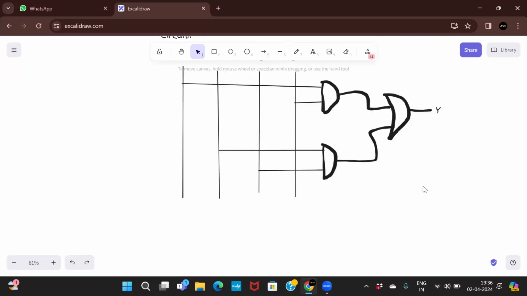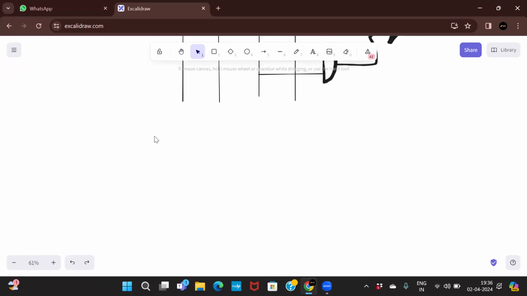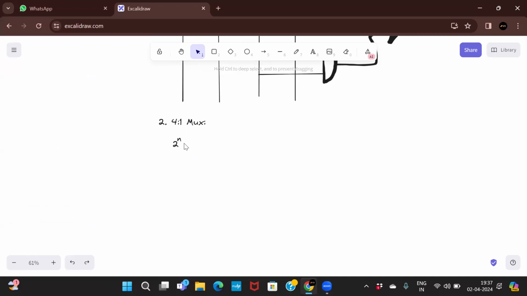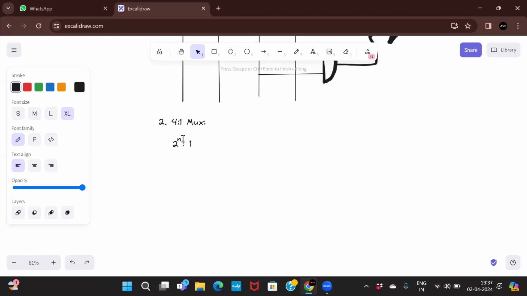Now we'll move to 4 to 1. Here you will understand how it works. Focus here. Just consider 2 power n.